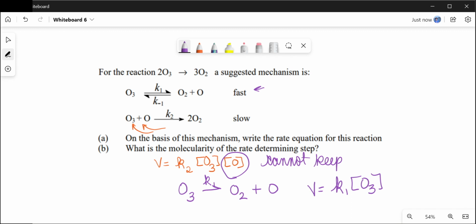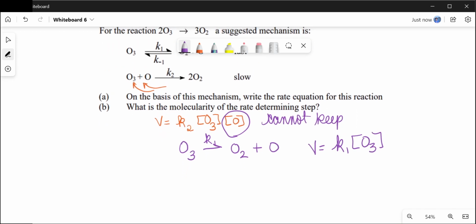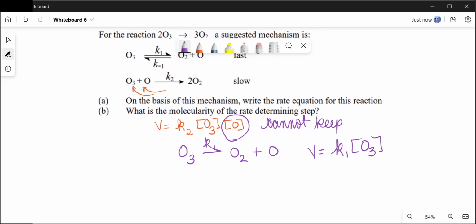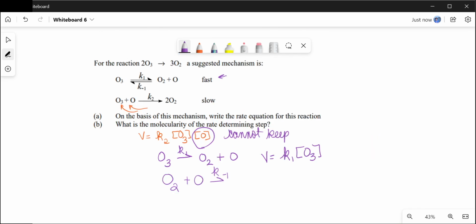Notice that I also have a reverse reaction for that one. So let's write that one out, as if it was a forward reaction. My rate law for that one is going to be K minus 1 times my reactants of O2 and O. And the forward and reverse rates are equal to each other.